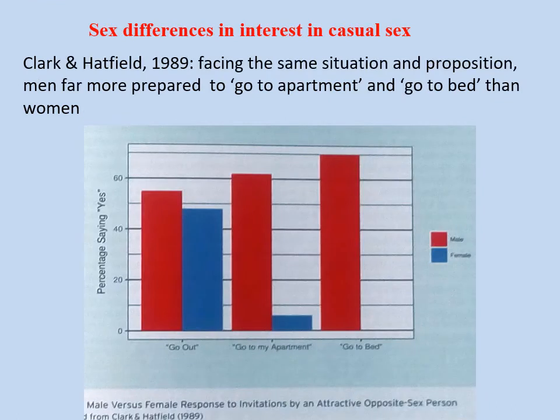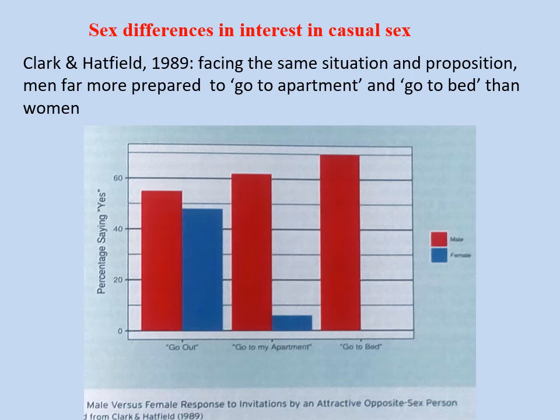So, for example, Clark and Hatfield in 1989 showed that men are far more willing and prepared to engage in casual sex than are women. In this study, men and women were faced with the question whether they would be willing to go out with each other, to go up to the other person's apartment, or go to bed with the other person.